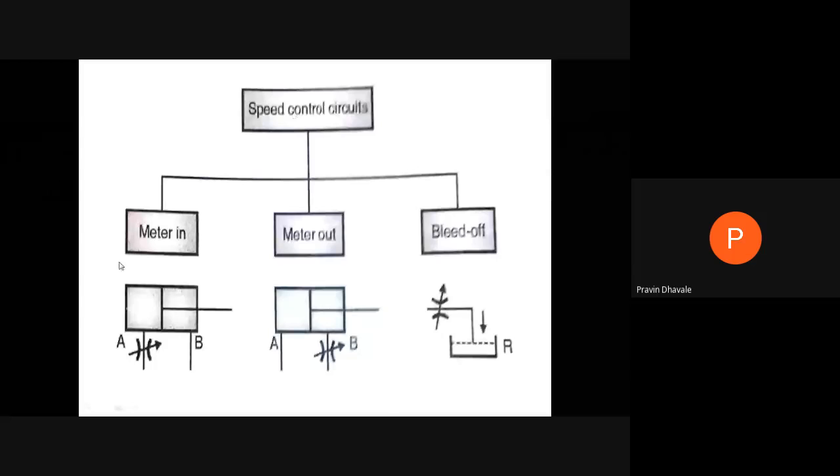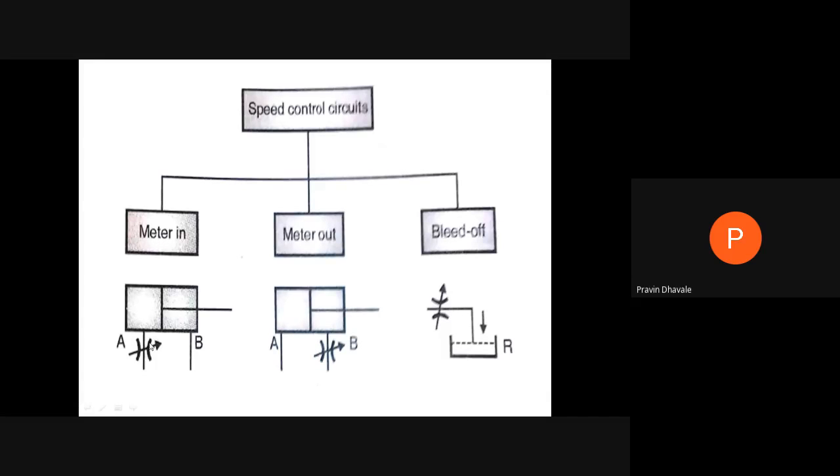In the meter in circuit, the flow control valve will be placed at the inlet side of this actuator or piston. In the meter out circuit, we are providing the flow control valve at the outlet side of this piston, and in the bleed off circuit, we are providing the flow control valve at the bypass line of this circuit. This is the major difference, right?